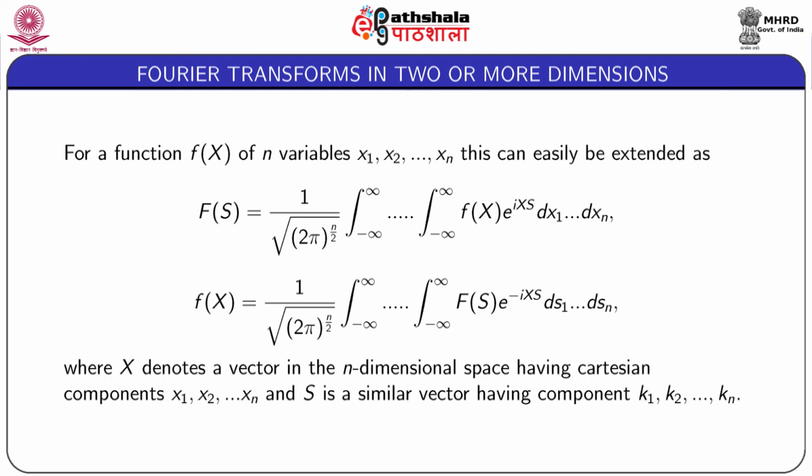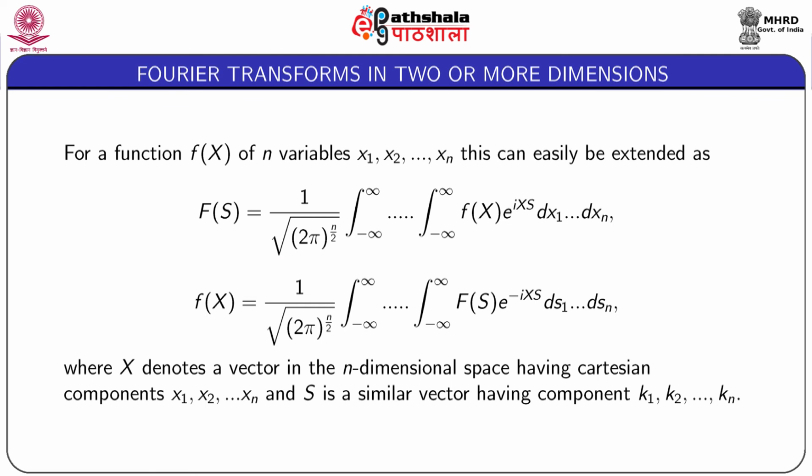Now, for a function of n variables x1, x2 up to xn, this Fourier transform can be extended as given by capital F, which is the Fourier transform of small f of capital X. Capital X is the vector x1, x2 up to xn, and that is given by 1 by root 2 pi to the power n by 2, n integrals from minus infinity to plus infinity small f of capital X into e to the power i S·X into dx1 dx2 up to dxn.